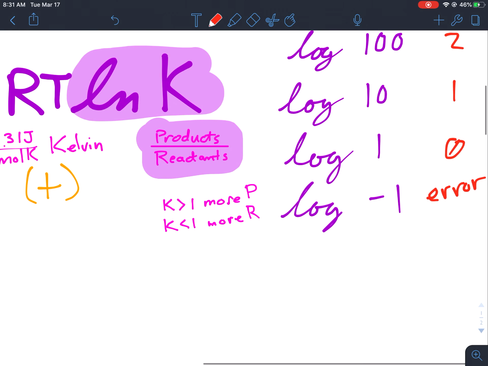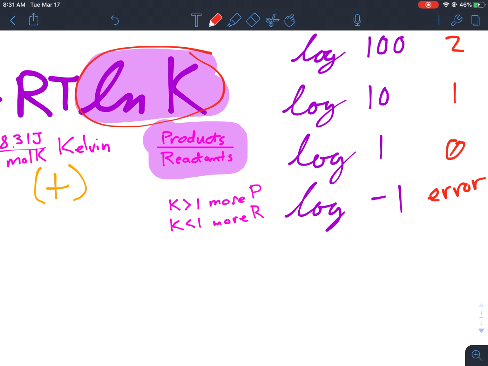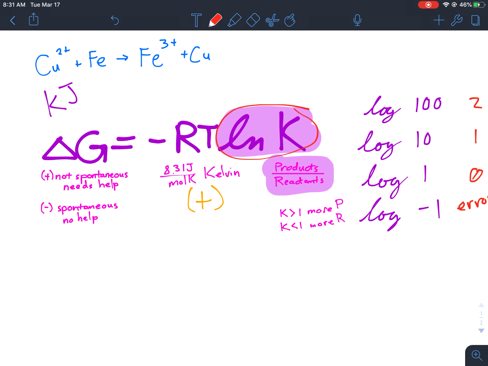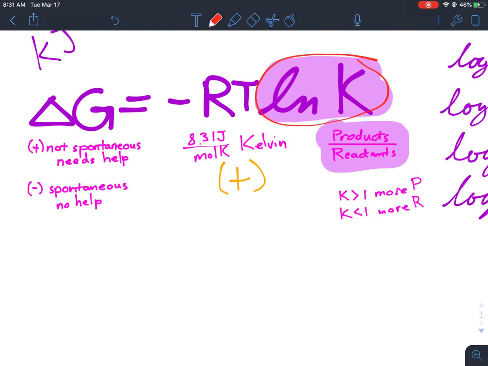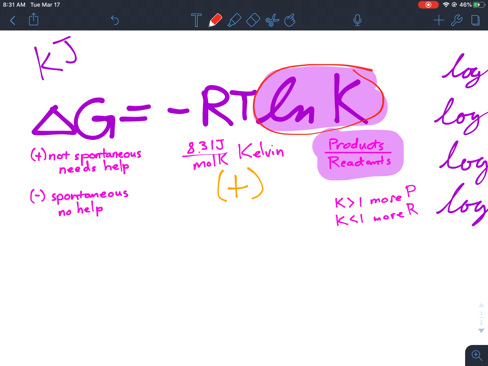But how do you get a negative number from something like this? Because that's all we really care about. We want to know, will my delta G be negative or positive? And if R and T are always positive, then the only thing that determines whether delta G is negative or positive is the ln K, because this negative times this is going to be multiplied times a positive number or a negative number.